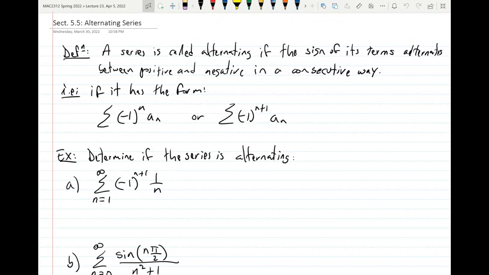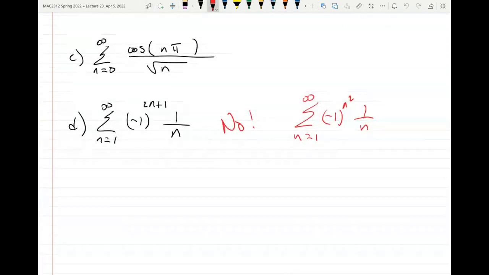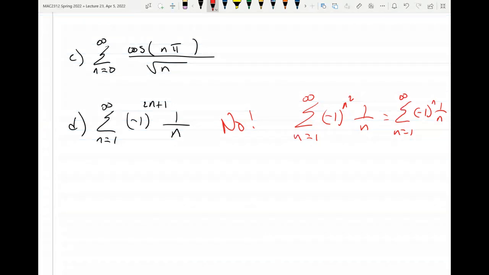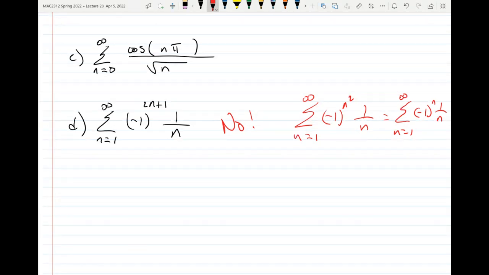So the point is that you can rewrite this as this, because when n is odd, n squared is also odd. Here what you really care about is the parity of n to determine the positive or negative, whether it's even or odd, and the parity of n is the same as the parity of n squared.